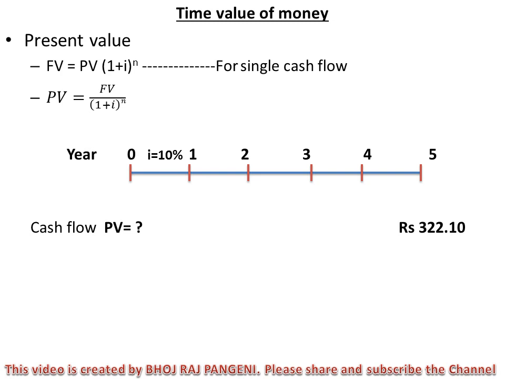This is the cash flow of year 5, and there is no other cash flow, so it is a single cash flow. And i equals 10%, n equals 5, and PV equals what? PV, because year 0 is the present date, today, now. So this is the present value.